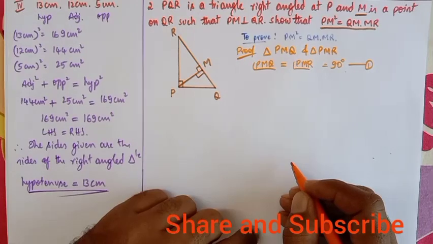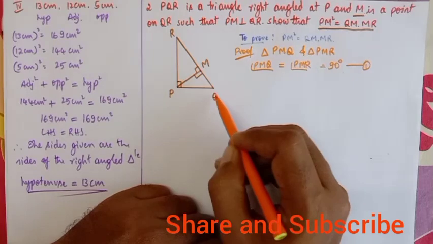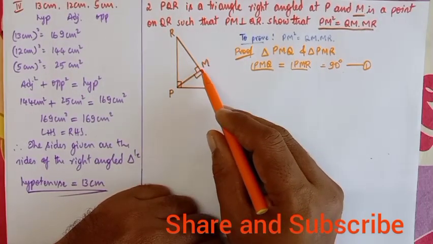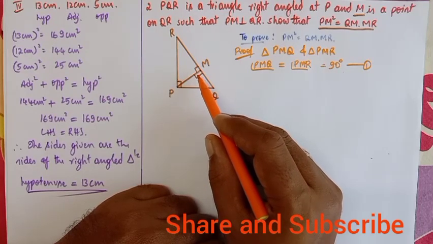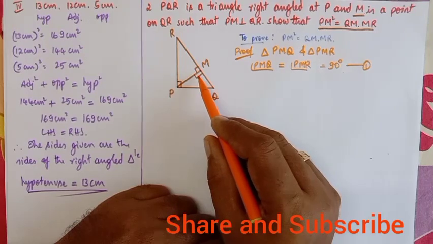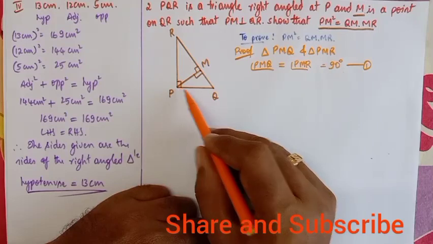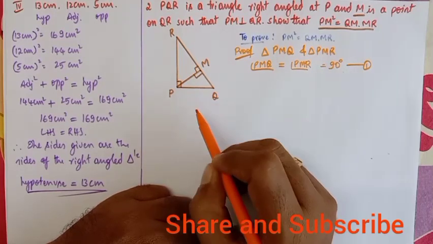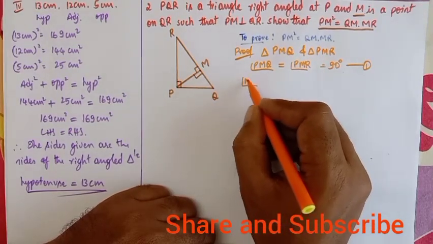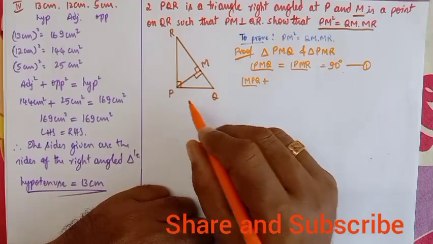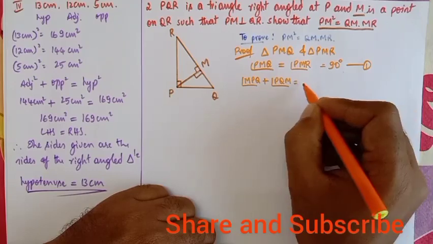Now, you know that here in the first triangle PMQ, as angle M is equal to 90 degree, the rest of angle P plus angle Q, that is angle MPQ plus angle PQM, will be equal to 90 degree.